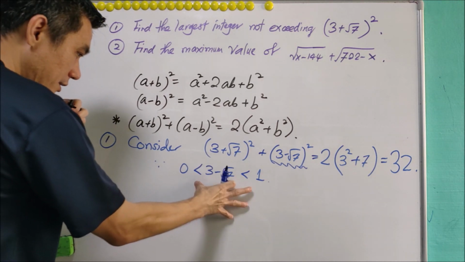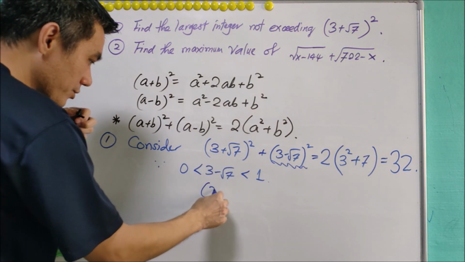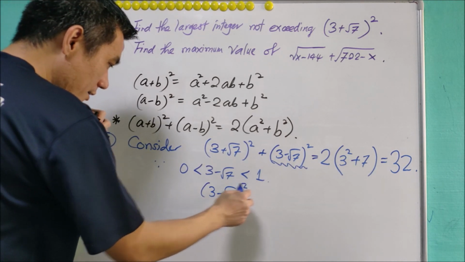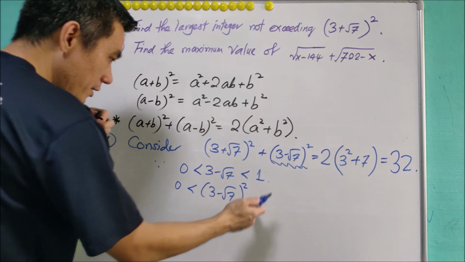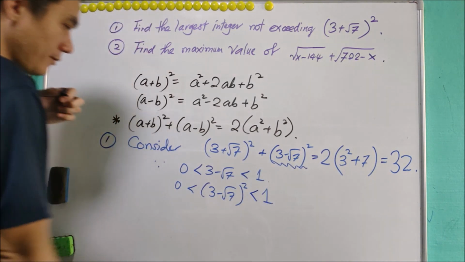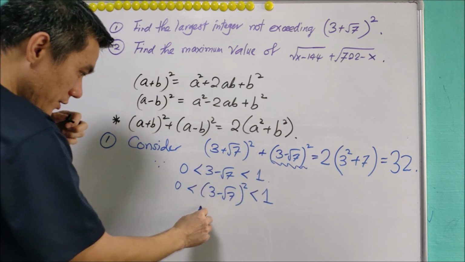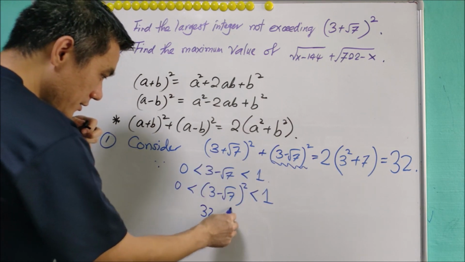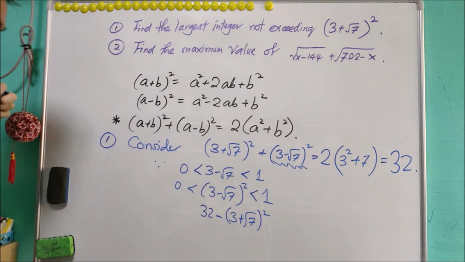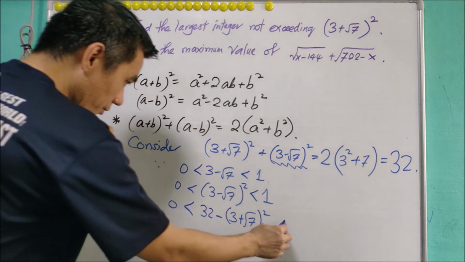Because this value is in between 0 and 1, after we square it, 0 point something squared is still positive, and still less than 1. This value is equal to 32 minus the square of 3 plus square root of 7. It is in between 0 and 1.